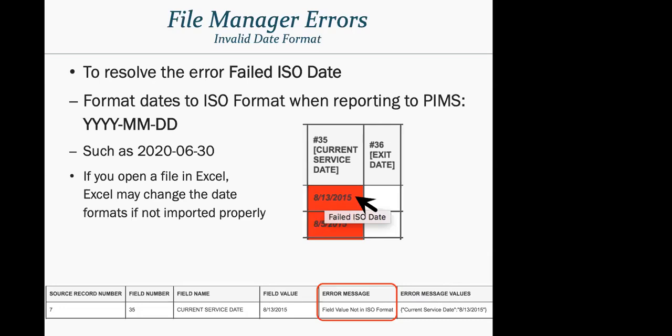So you don't want to open things in Excel because you are going to lose that formatting, and it might take you a lot of trouble to have to go through and make those things text boxes and then have to put the values back in. If you can look at it in a CSV editor or in TextEdit or Notepad, that's fine, but you don't want to open it in Excel.